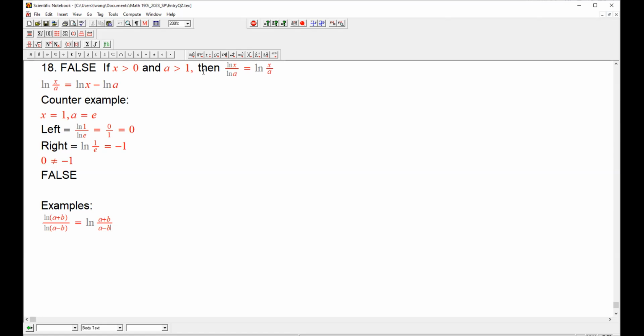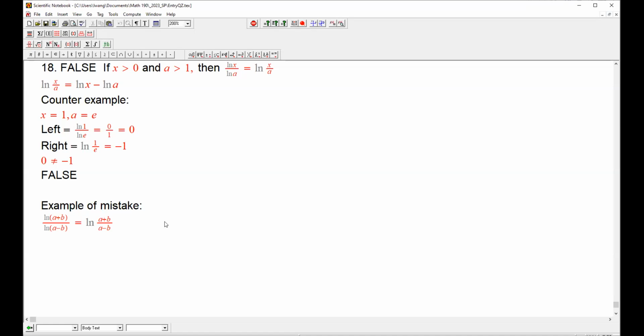You see, a similar mistake. So these mistakes show up. Example of mistake. Okay, so number 18 is covered.